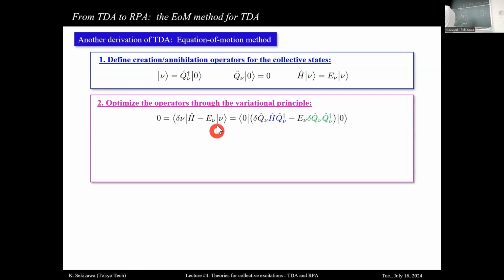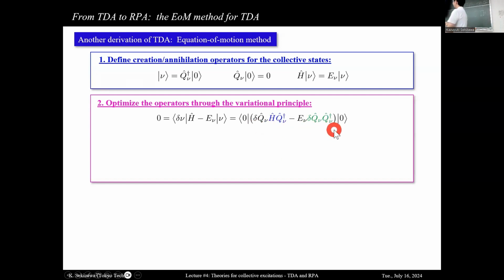Here I put the definition of the state nu, here and here. So the bra and ket states are replaced with this definition, and we take the variation with respect to this operator, so this Q hat becomes a delta Q.